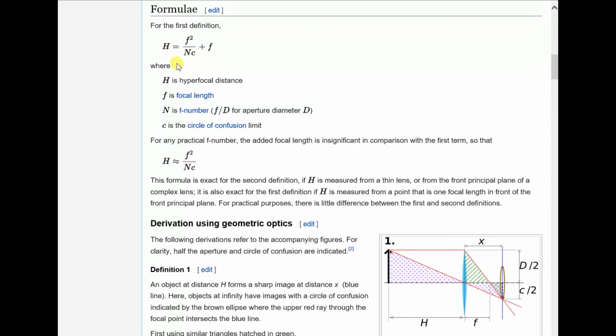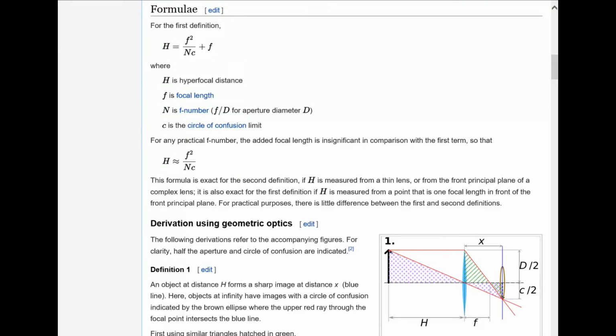So say you were at 35mm, you'd go 35 squared over N, which is your f-number, so let's pick f11, so 35 squared over f11 times the circle of confusion, which in general terms for 35mm photography or APS-C is about 0.03 or 0.02. So you can have a look at that and work it out.